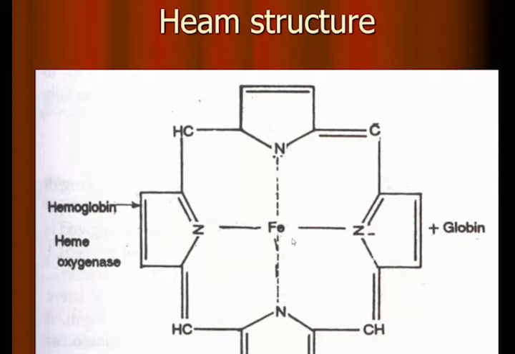So this is the oxygen-carrying iron. That is how this heme will be attached to the globin. So 4 globins will be there, so 4 iron molecules will be there. So every hemoglobin will be carrying 4 oxygens, right?